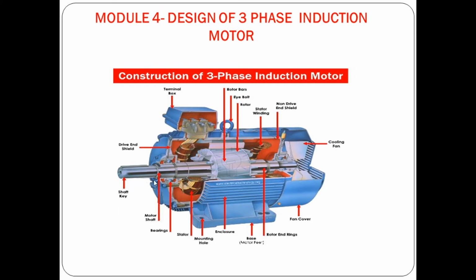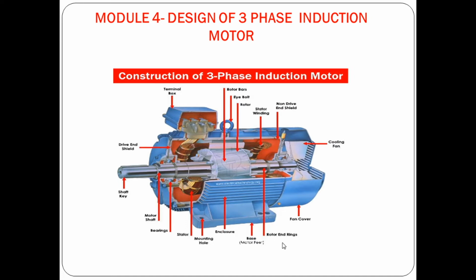This is the motor shaft, and these are bearings, and this is the stator part, which is stationary. Here it's a mounting hole where the induction motor can be mounted on the floor, and this is an enclosure, which is the outermost part to protect the induction motor, and this is a base and rotor end rings.